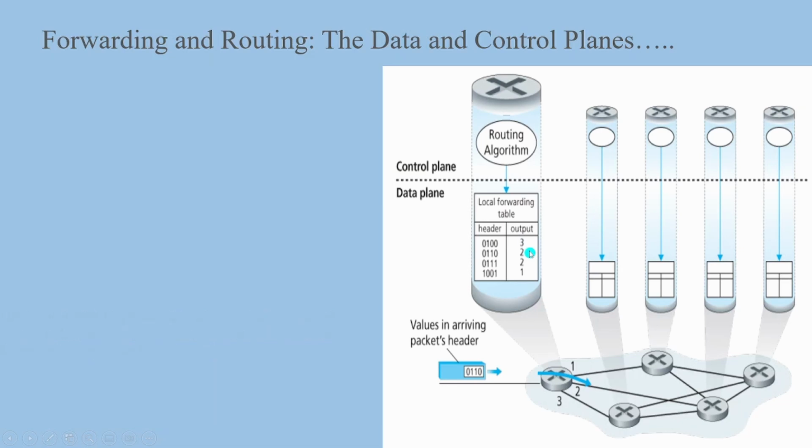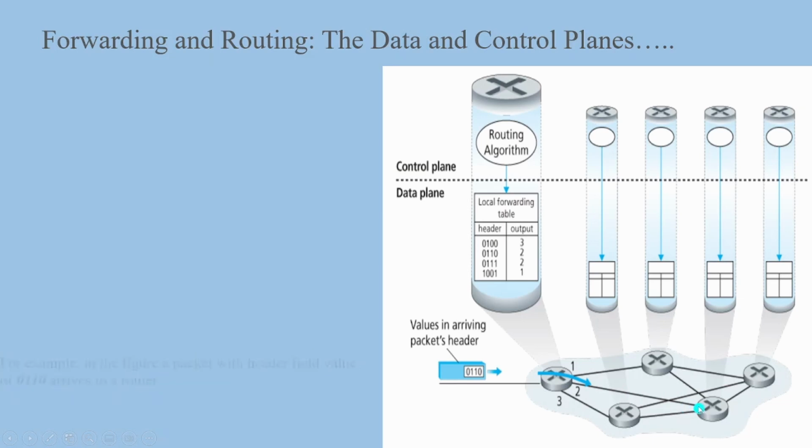For example, in the figure, a packet with a header field value of 0110, as you can see here, arrives at a router. And then the router indexes into its forwarding table and determines that the output link interface for this packet is interface 2, as you can see. The router then internally forwards the packet to interface 2.